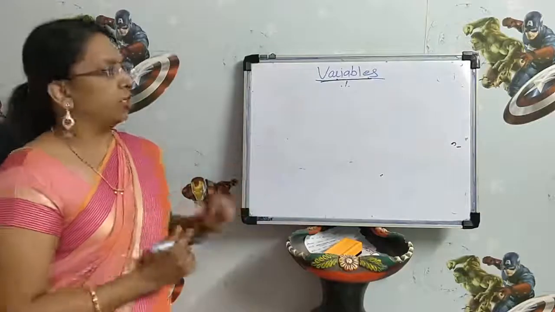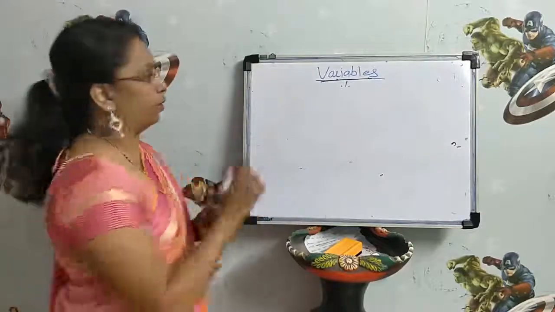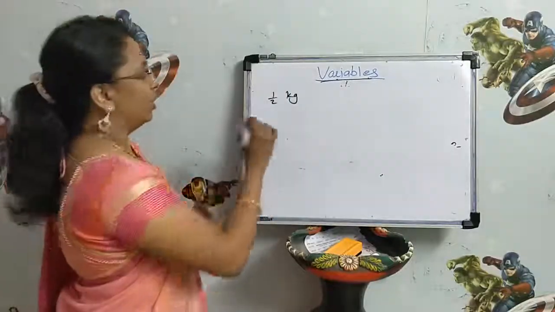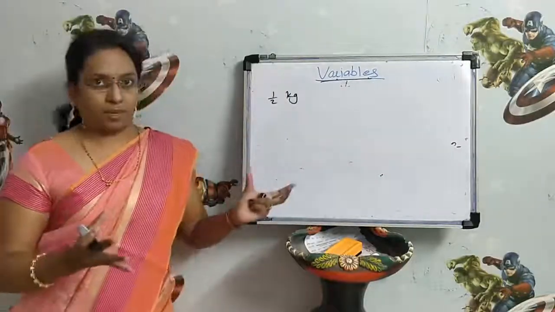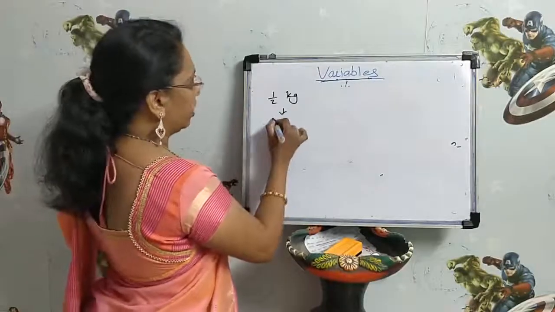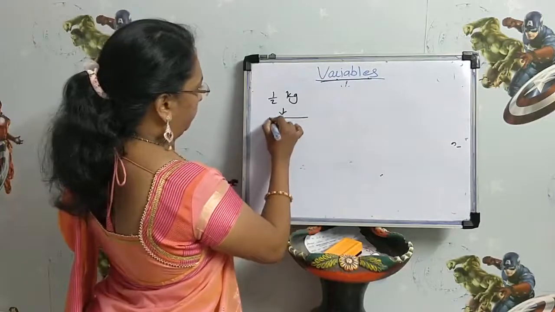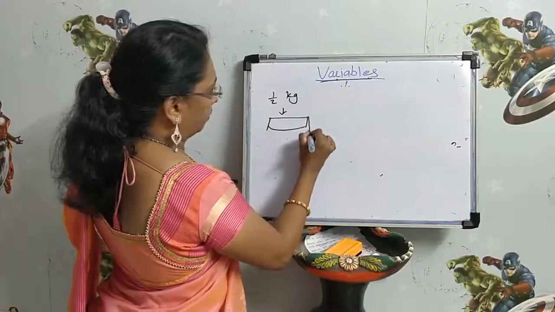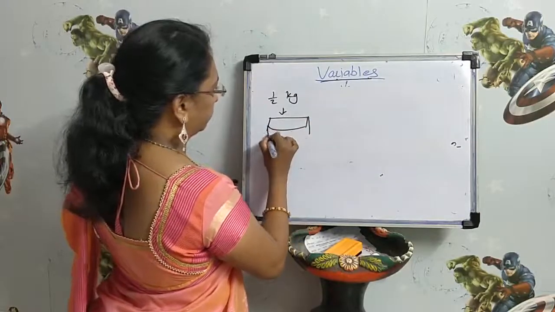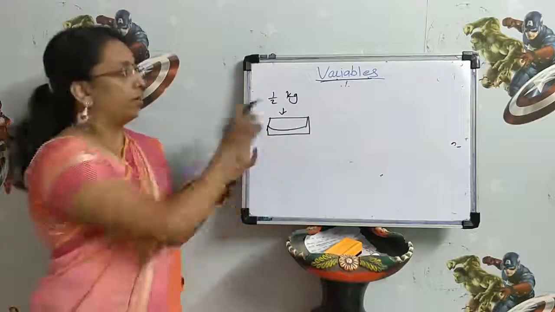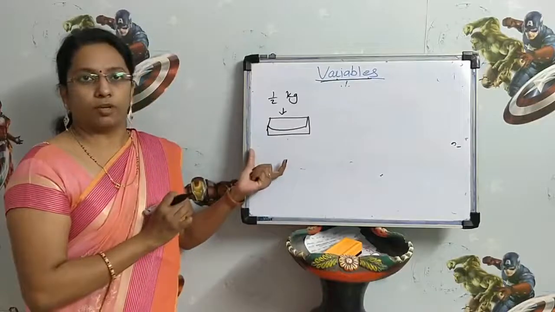Now just imagine you have half a kg of laddus. How are you going to store it? You need something, right? You can store this half kg of laddus in one box. We'll draw one box here. This is one small box where you can store half a kg of laddu.